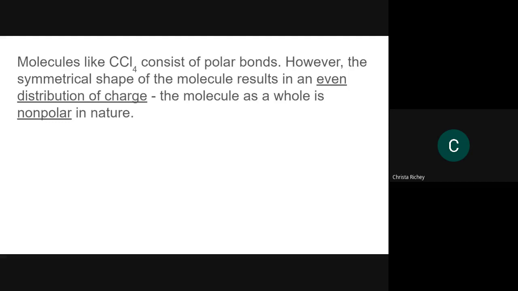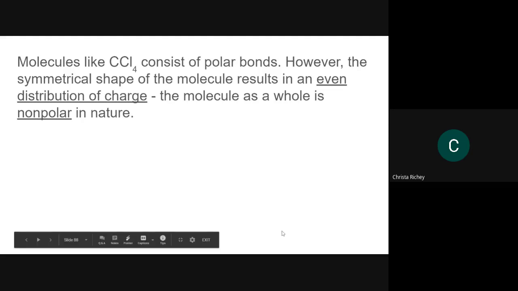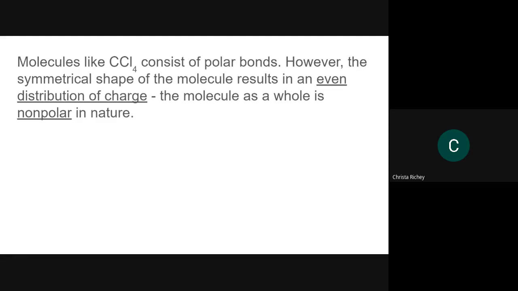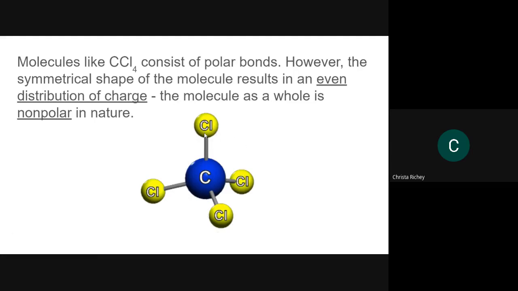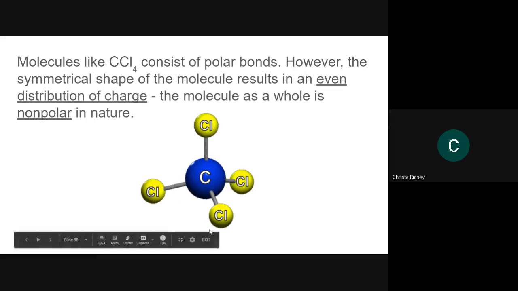Everything is perfectly distributed in carbon tetrachloride, carbon tetrafluoride, carbon tetrabromide or carbon tetraiodide. Don't worry, I'll teach you how to name these. You guys are probably going to like naming these a lot better than ionics because there are no extra rules. But with this structure, everything is equally spread out in this particular geometric pattern, and it's nonpolar.